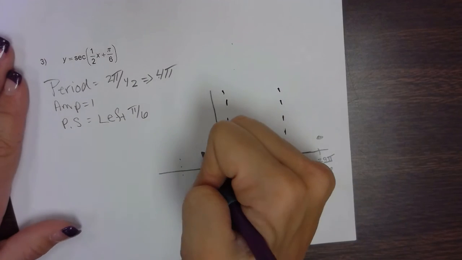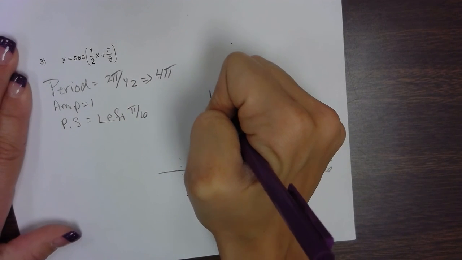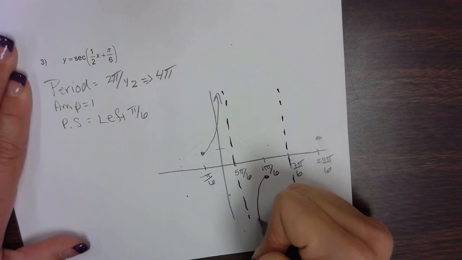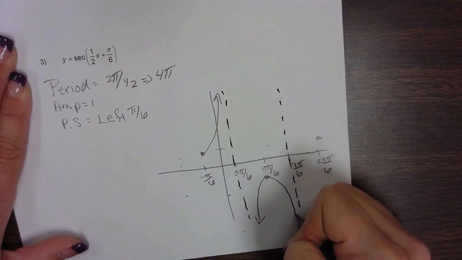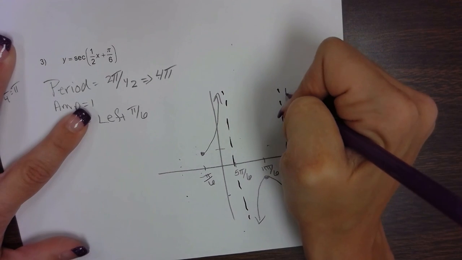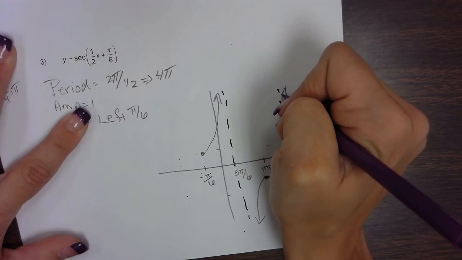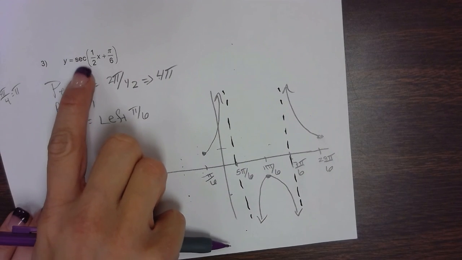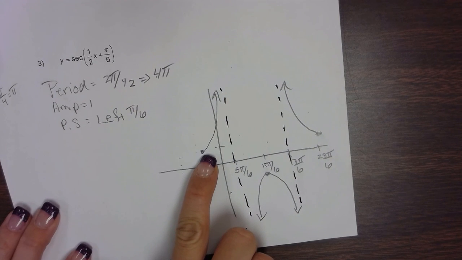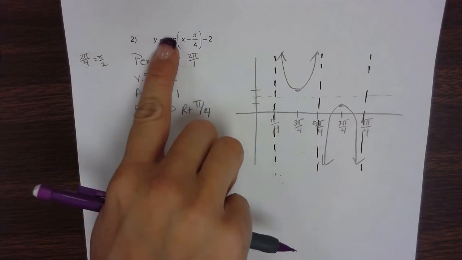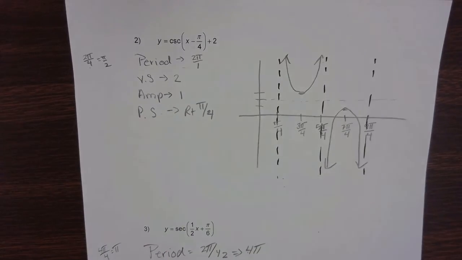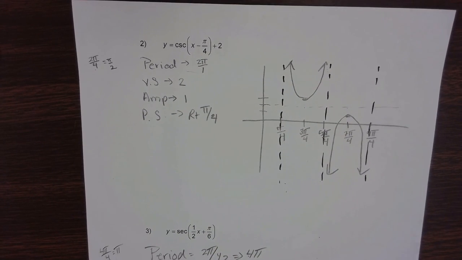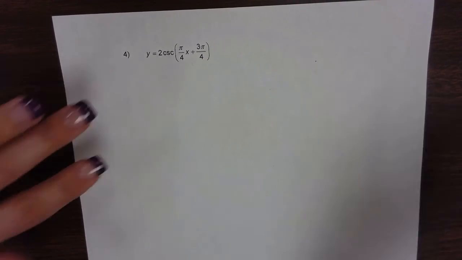Okay, now our half of U, that's upside down, and our other half of U. Okay, so big thing is, remember, secant you start with a point for the period, where cosecant we start with an asymptote. One more and then we are done, guys.